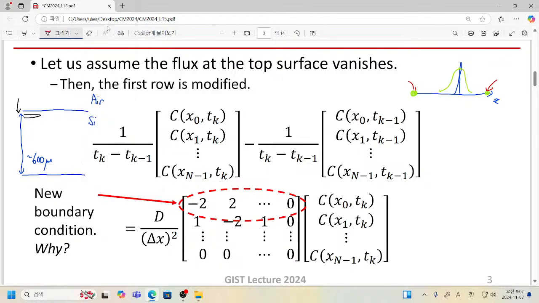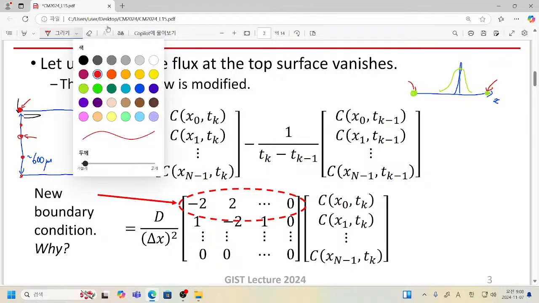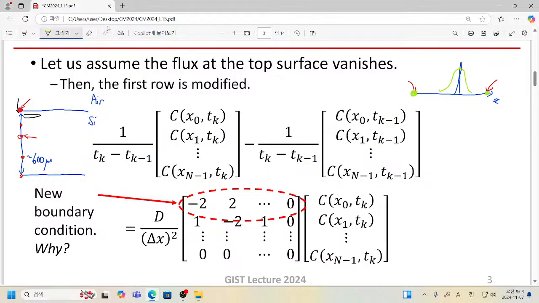usually what we can do is take the interface between air and silicon as one boundary, and somewhere here we select another boundary. Actually, the selection of this boundary doesn't make any difference, whether we select it here or there, as long as our final distribution just looks like this.